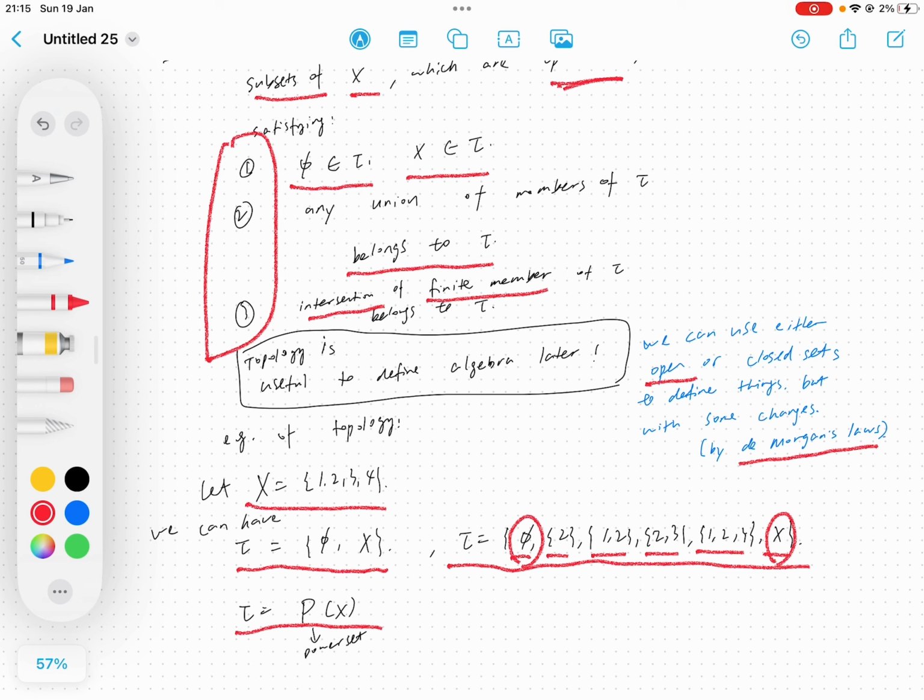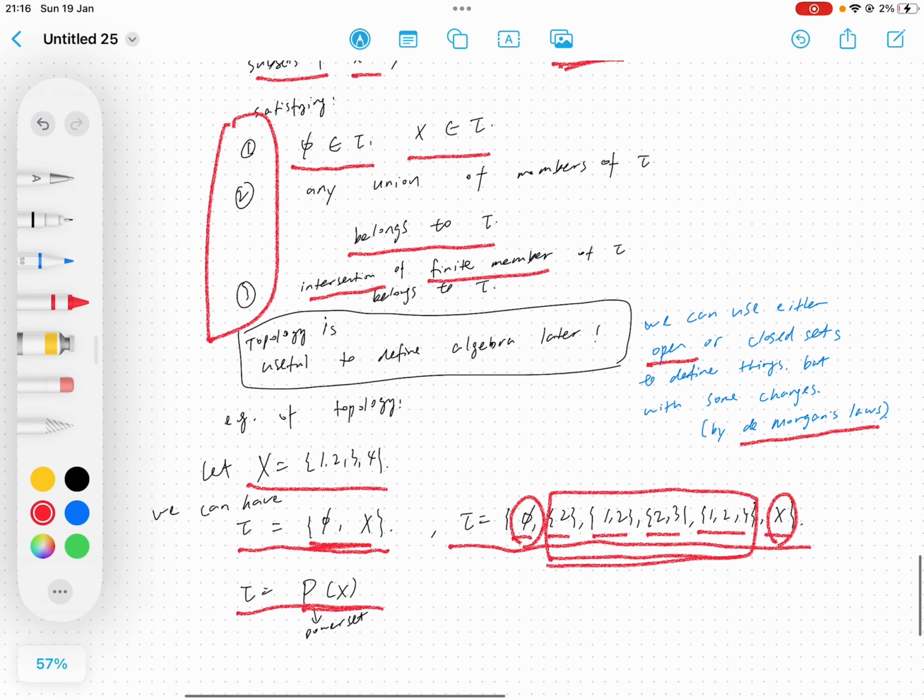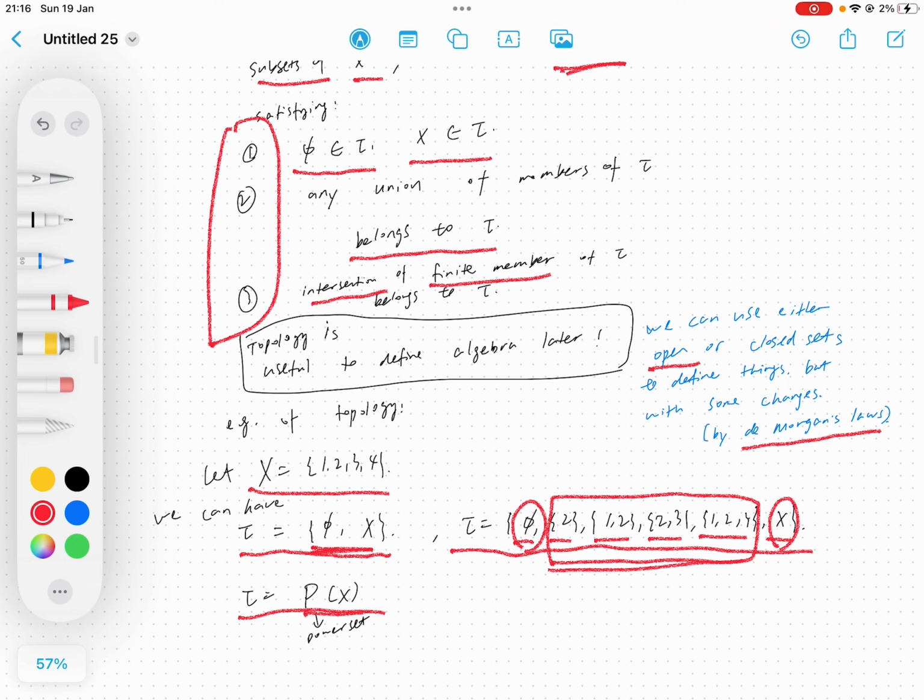And instead of those two extreme cases, here we have those elements, and you can verify by yourself that we can always satisfy those requirements with those elements here, no matter whether you're taking the unions or the intersections. Okay, so they still belong to the topology itself. All right, so that'll be everything for today. Okay, good.